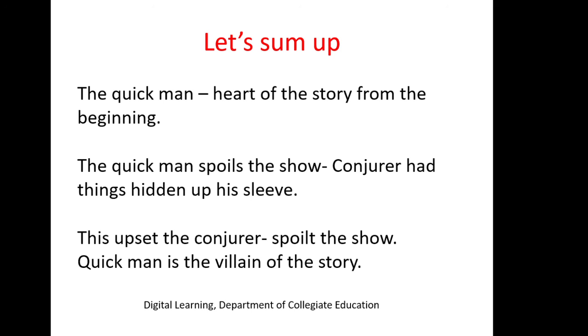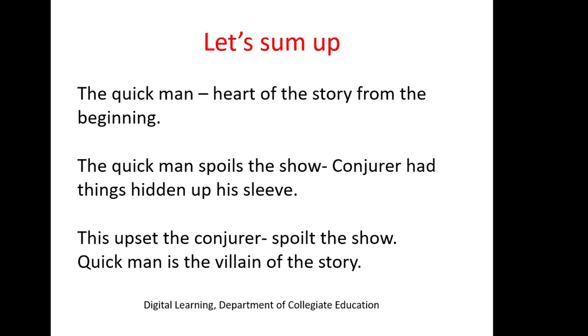To sum up, the quick man is the heart of the story from the beginning. The quick man, we see, spoils the show of the conjurer by saying that the conjurer had all these tricks or items that he is using for the tricks hidden up his sleeve.